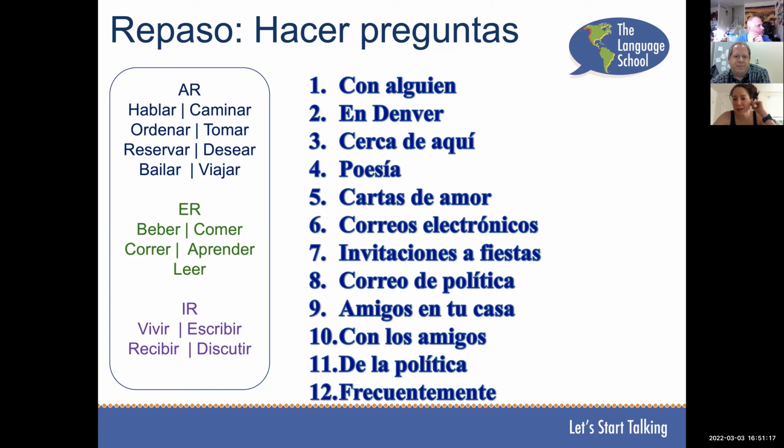Sorry, repite. ¿Tú vives cerca de aquí? Yo vivo cerca de aquí. De Denver. Can I say that? Cerca de Denver. Sí. Close of Denver.